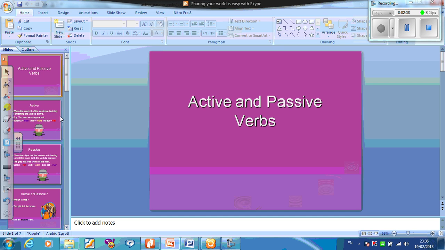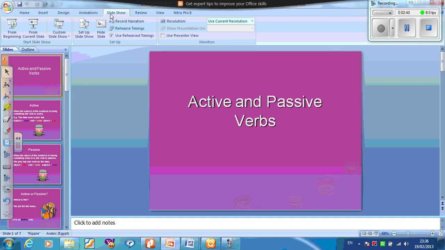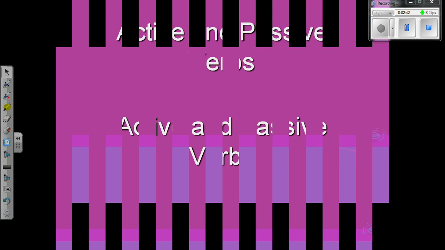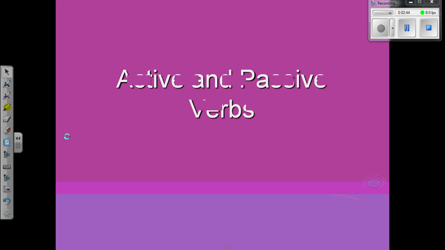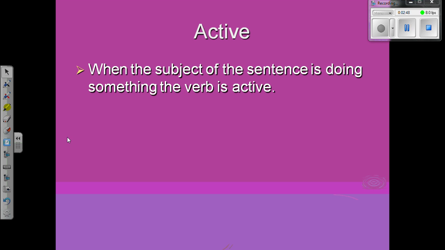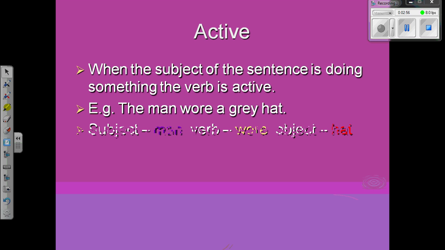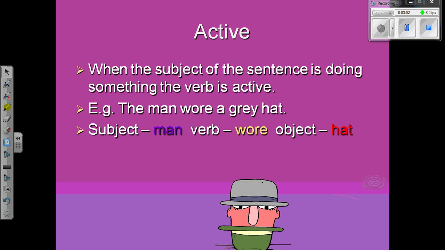Now let's see our PowerPoint. Active and passive verbs. When the subject of the sentence is doing something, the verb is active. Example, the man wore a gray hat. Subject is the man, the verb is wore, and object is the hat.